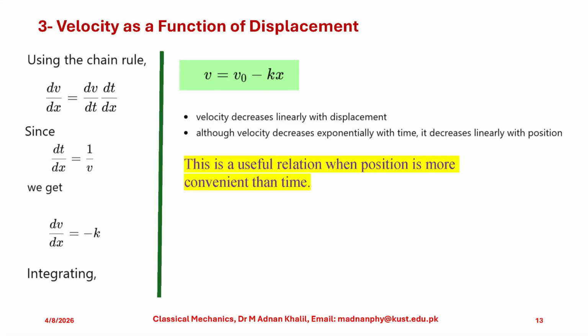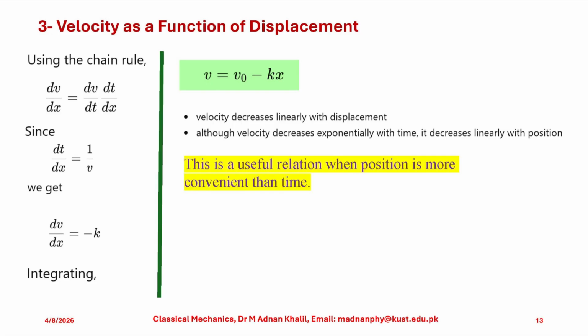Since dt by dx equals 1 over v, that gives us dv by dx equals 1 over v times dv by dt. After substituting dv by dt equals minus k times v and following these simple mathematical steps, one can obtain the expression for the velocity, this time as a function of position.